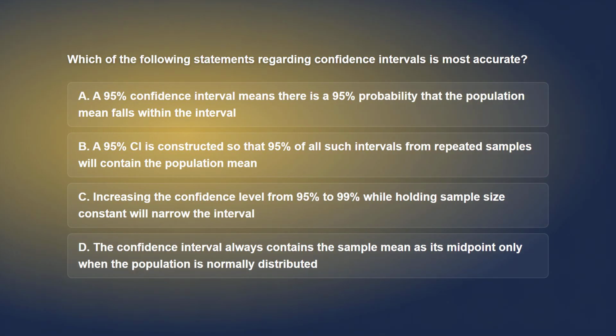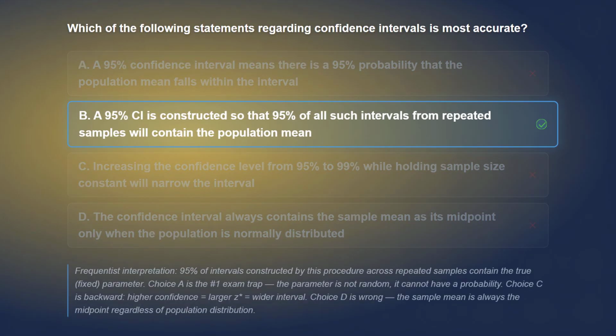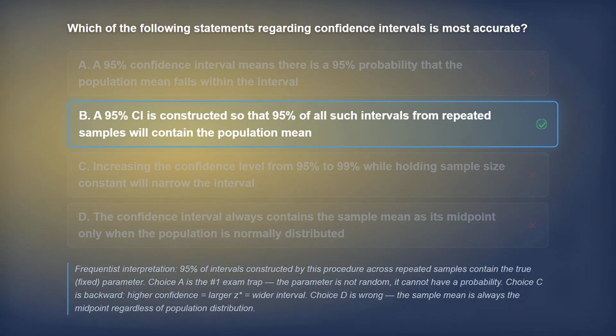C. Increasing the confidence level from 95 to 99%, while holding sample size constant, will narrow the interval. D. The confidence interval always contains the sample mean as its midpoint only when the population is normally distributed.